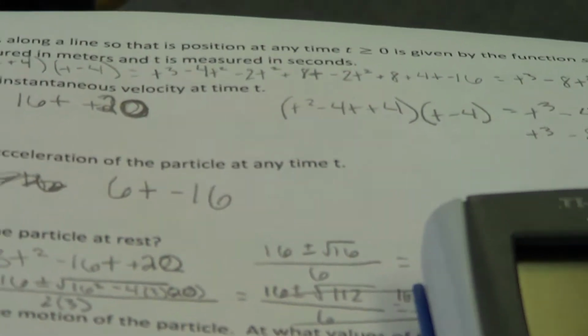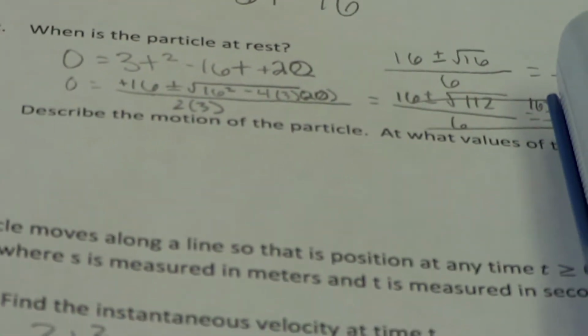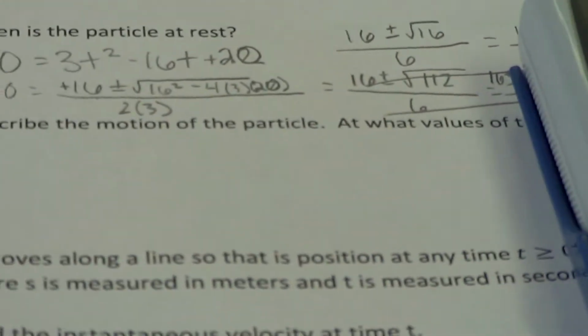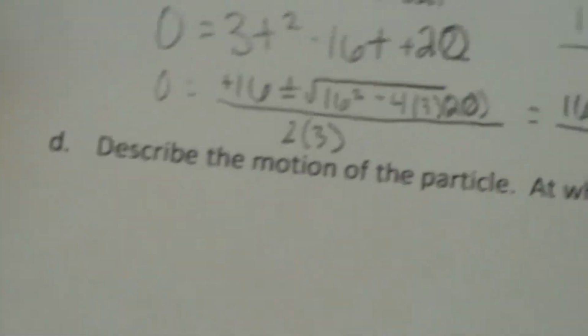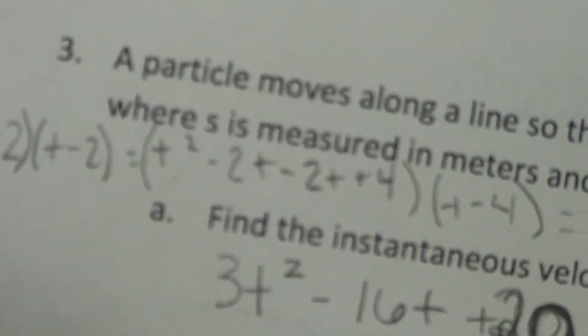Like you found the 2 points where it stops, you could substitute those t values into the original functions to figure out the s values at that point, and then know if it's going down or going up to get to them, to know if it's moving left or right. You could do it that way as well. You know what I'm saying? Not really. Do you want me to show you?